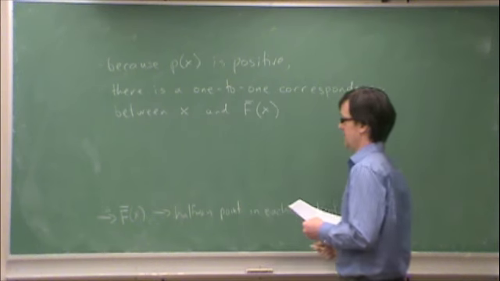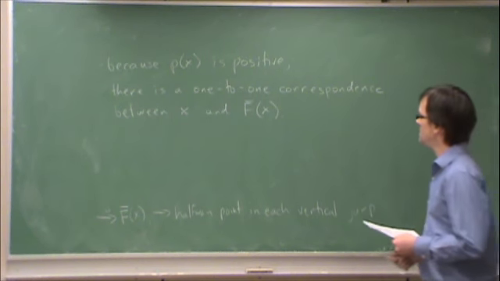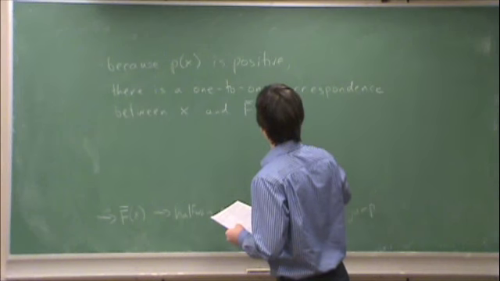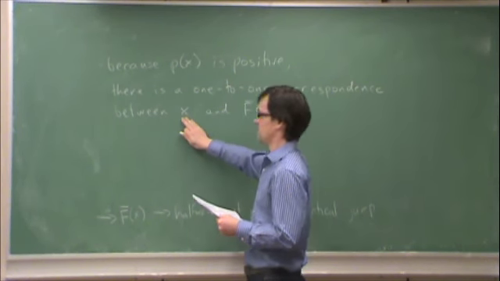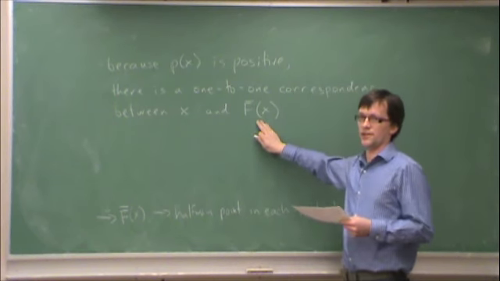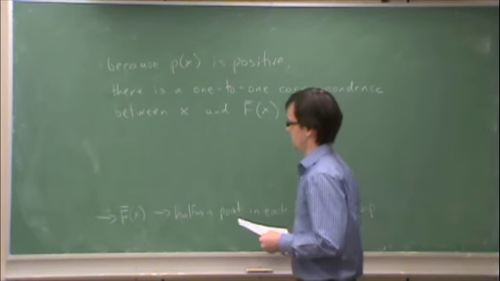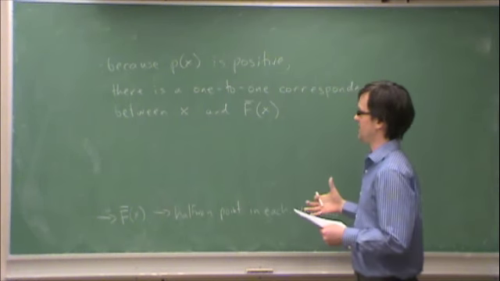So one thing we could do, we could create a source code by, instead of transmitting the binary letter x, we transmit the value of f bar of x. So obviously that's the basic idea here.